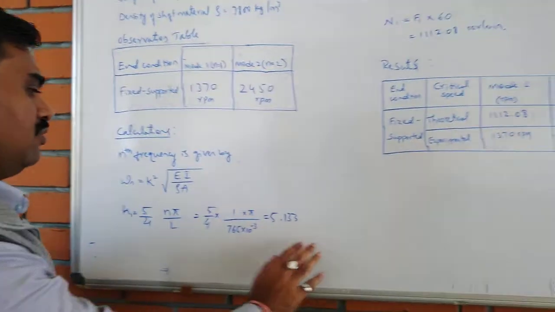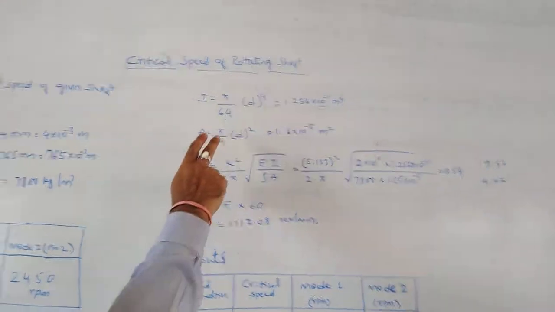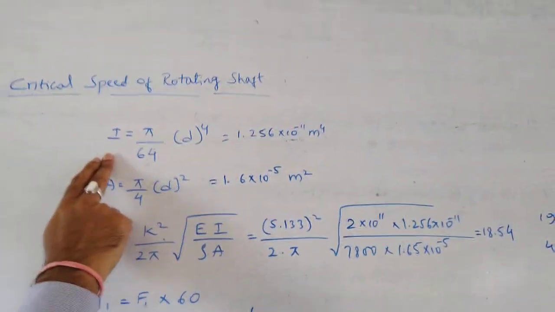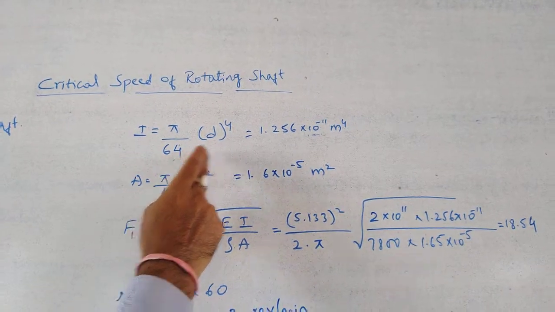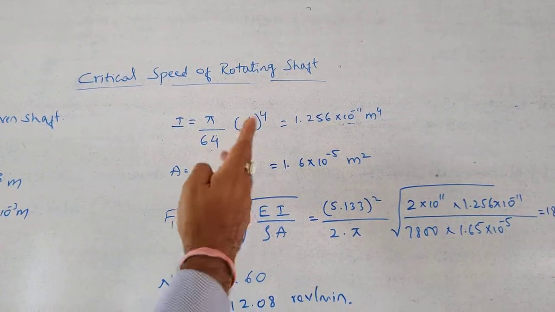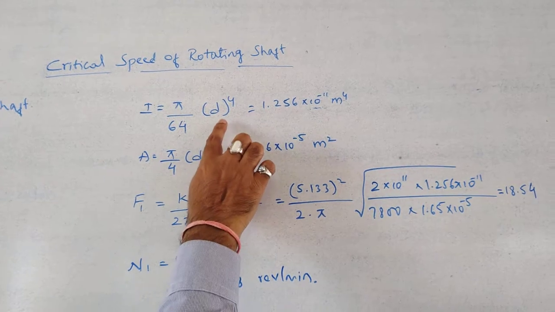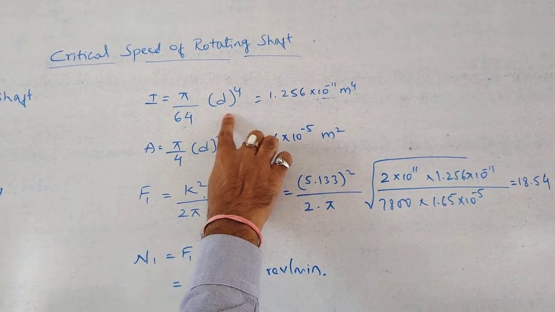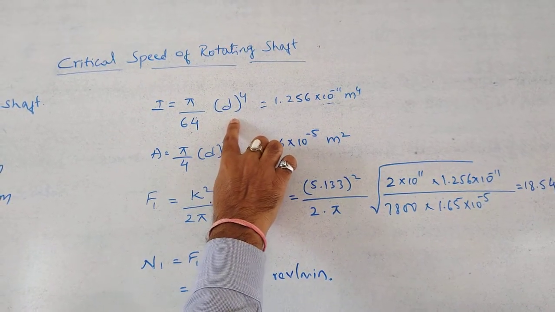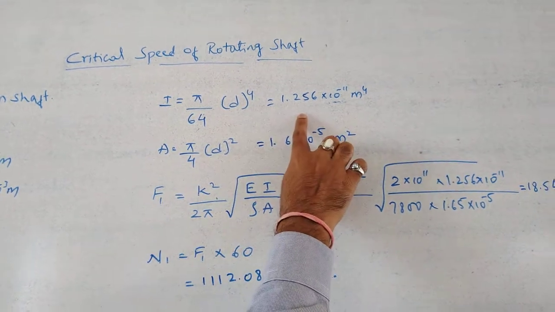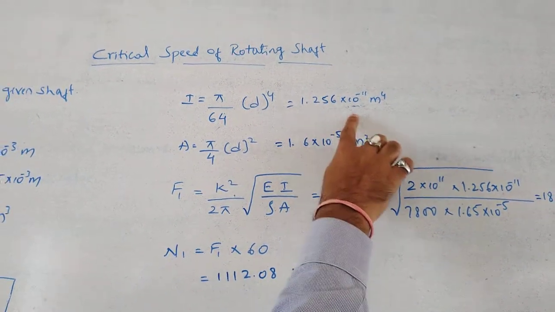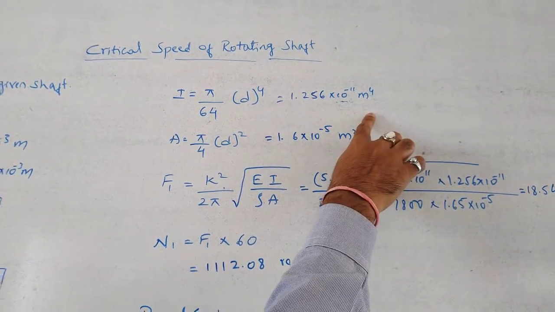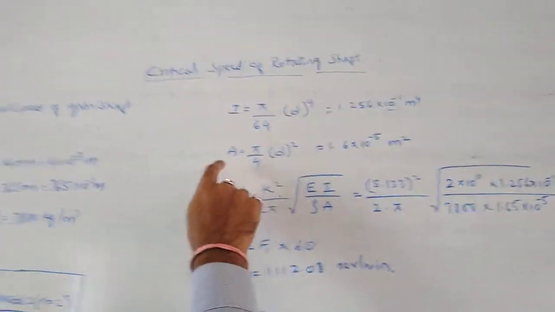After finding the value of k, now we need to find the value of I, moment of inertia. So pi by 64 d raised to 4 for a circular shaft. After substituting the diameter value in terms of meter, we get I value as 1.256 into 10 raised to minus 11 meter raised to 4.